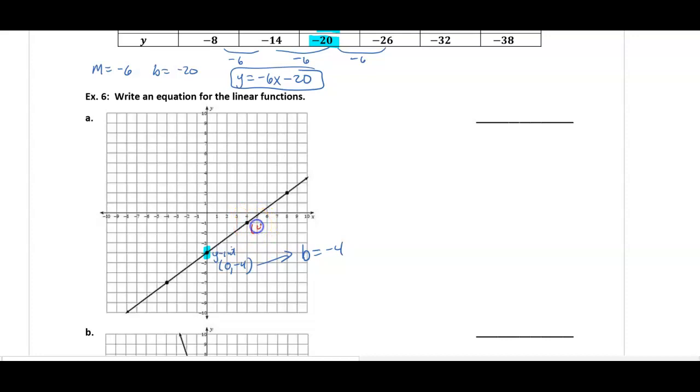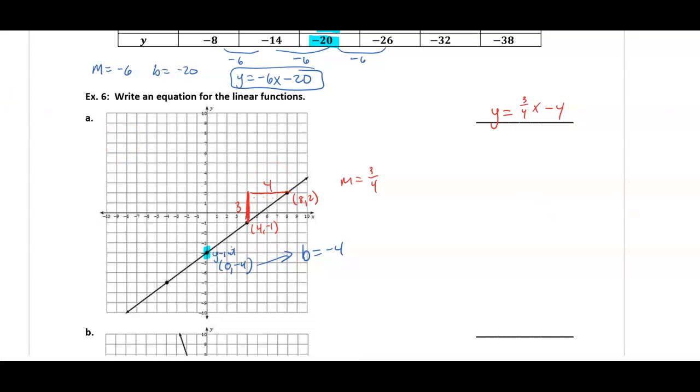Could I say this is 4, negative 1, this is 8, 2, and use the formula? Yes. But to me, it's a lot easier to just go up 3, right, 1, 2, 3, 4. So my slope, change in y is 3, change in x is 4. Now, I know m, I know b, y equals 3/4 x minus 4.